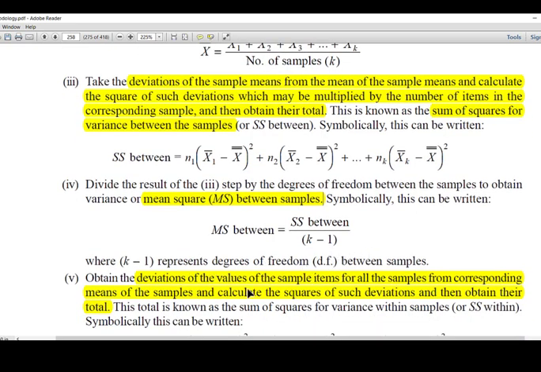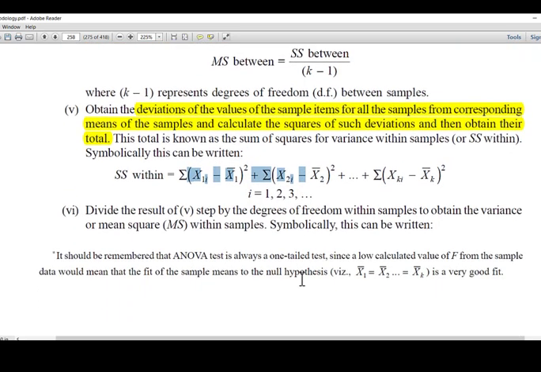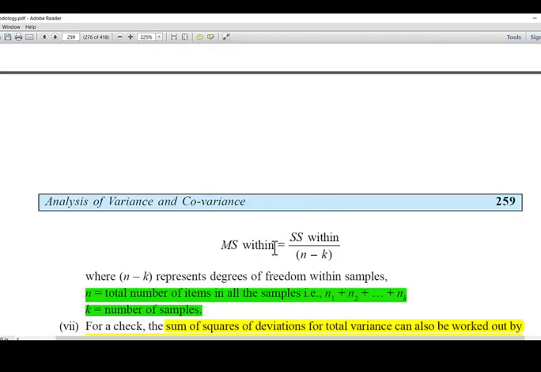Then similar to this SS between, we calculate SS within like this. Then divide the result of this SS within by the degrees of freedom within samples. So MS within is SS within by n minus k, where k is the number of samples and n is the total number of items in all the samples.